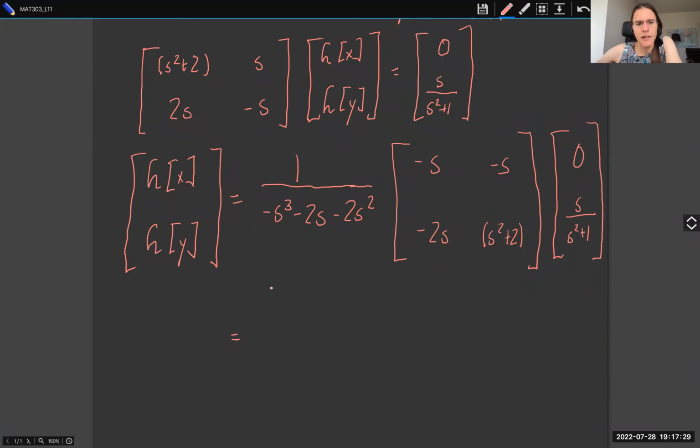So this we can factor as minus 1 over s times s squared plus 2. And then this column doesn't matter because there's a 0 here.